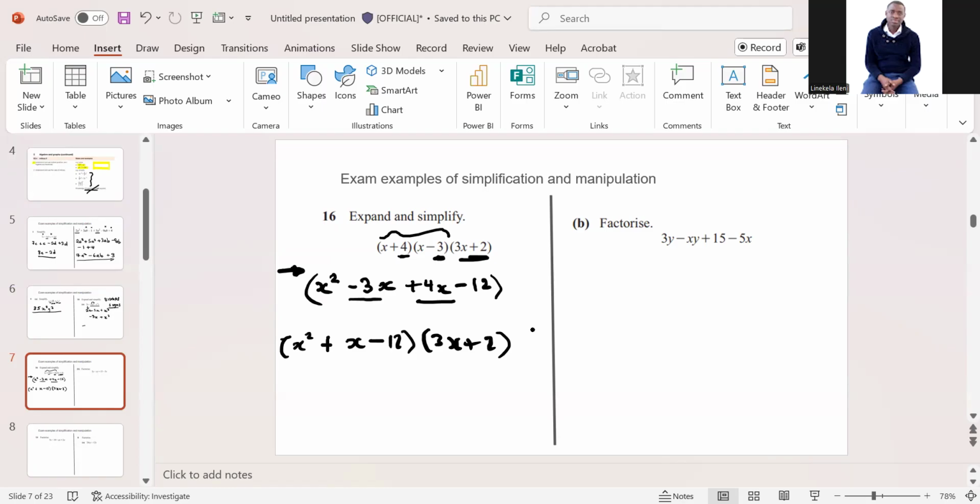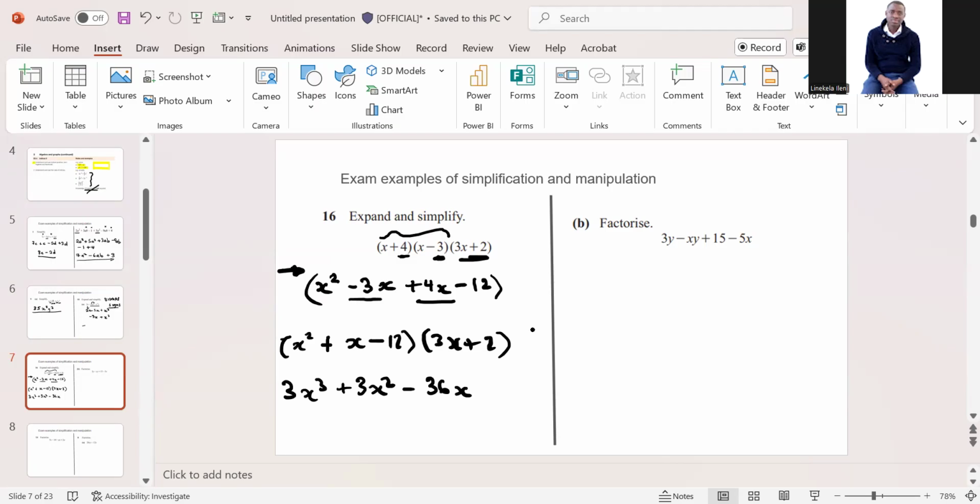So this times this, remember it's times, so it will be 3x times x squared will give me 3x cubed, and then 3x times x here will give me 3x squared, and then 3x times negative 12, that will be negative 36x. So I'm done with that part.